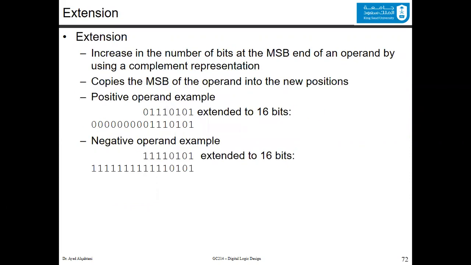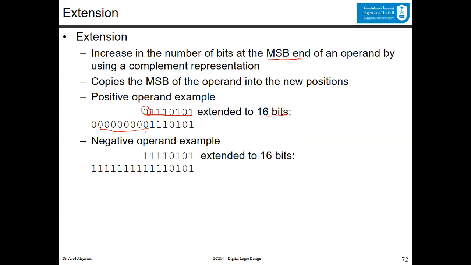Now, the extension means increasing the number of bits at the most significant bits end only of an operand by using a complement representation. This happens when you are dealing with numbers. So if you have a number that is 8 bits and you know this number is positive, to make it 16-bit and you still keep the same value of the number, you need to extend the sign.